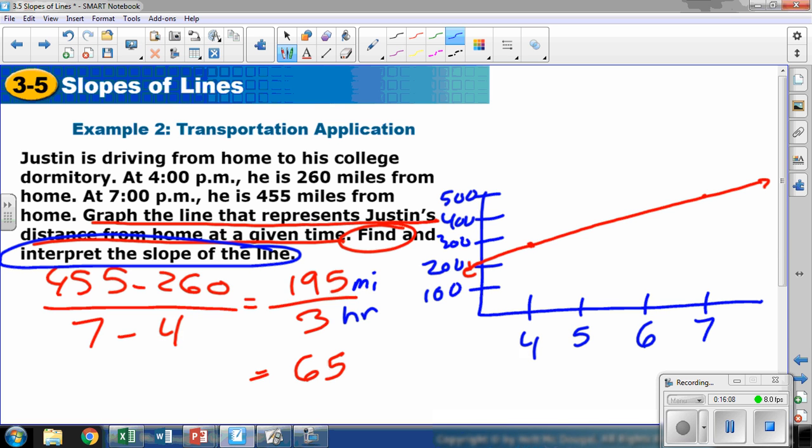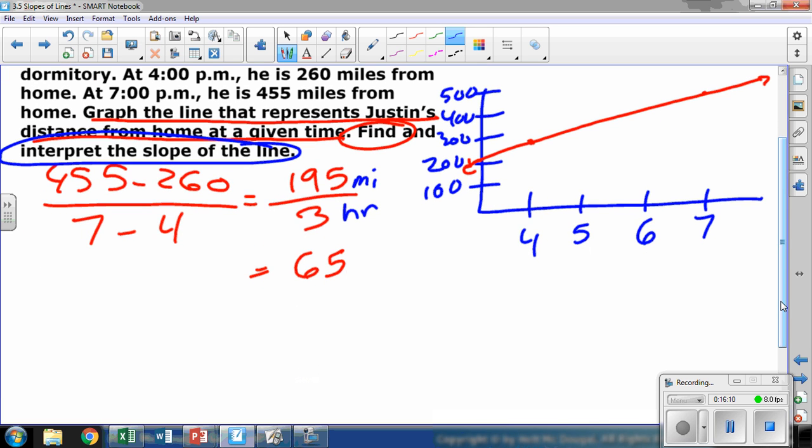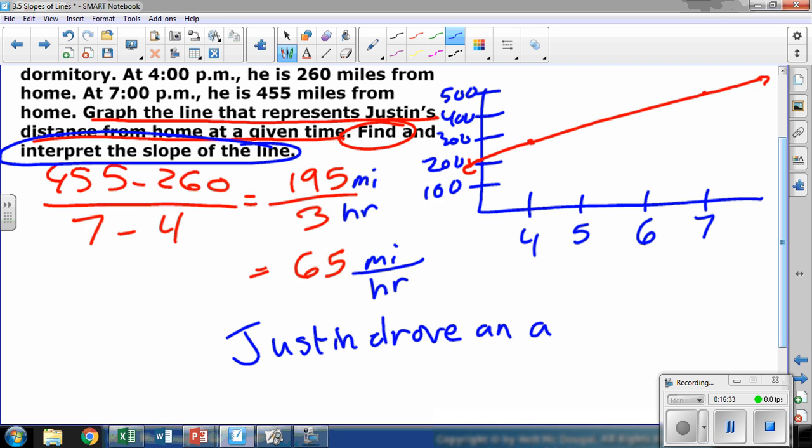This is telling us then that if you drive 195 miles in a period of 3 hours, on average, your average speed, the labels are still going to be applied here. To interpret it, we would have to use those labels and say Justin drove an average of 65 miles per hour.